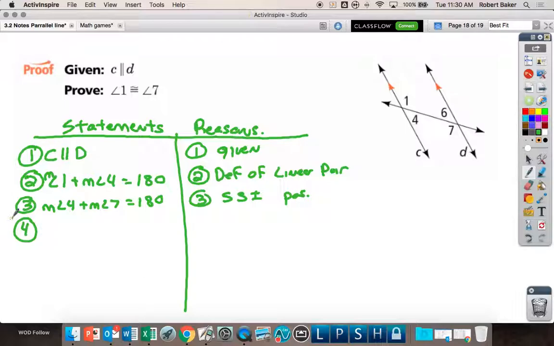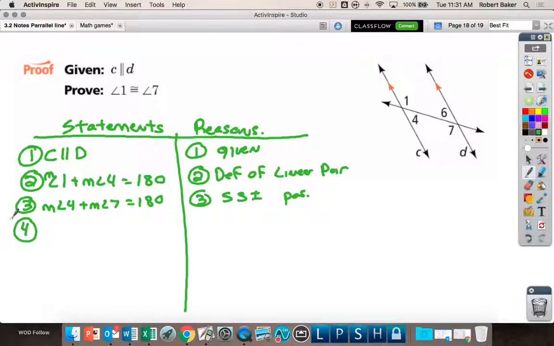Not yet. So we don't really need that one. You're right. So there is some way to connect these two statements.